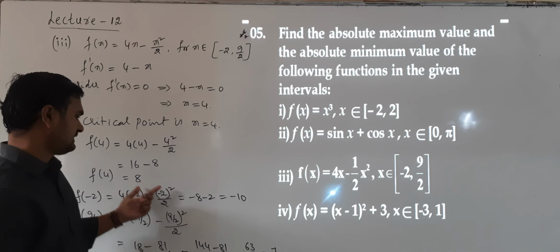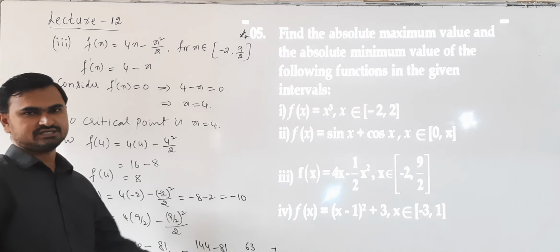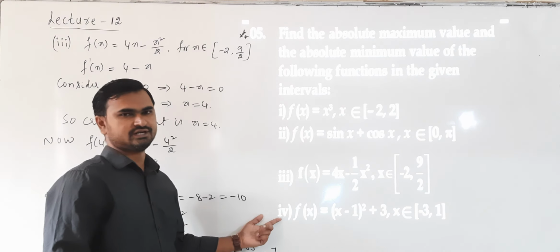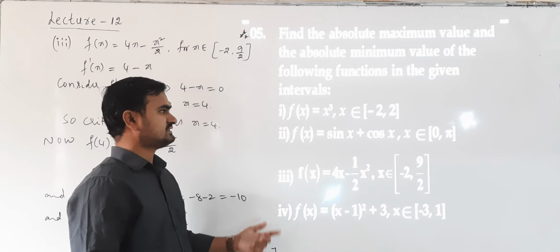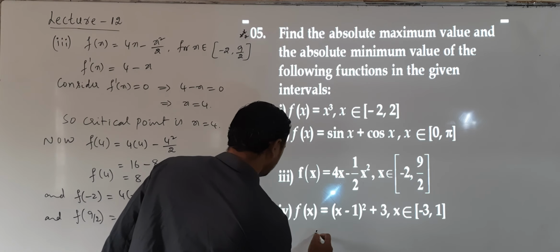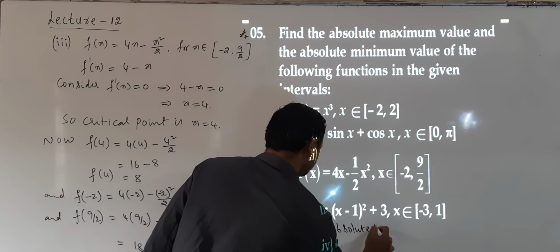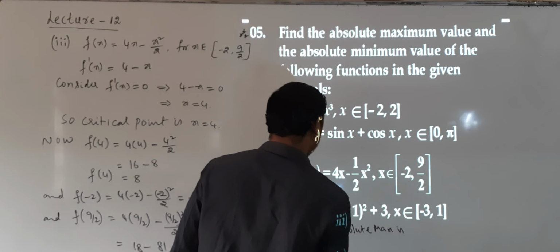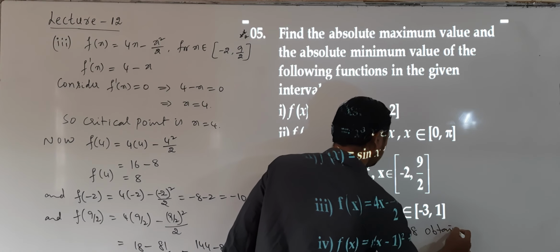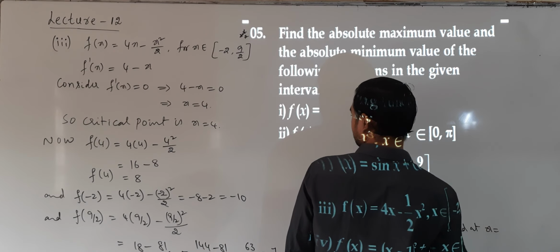So out of 8, minus 10 and 7 point something, which one is greatest? Greatest is 8 and least is minus 10. Therefore absolute maximum is 8, obtained at x equal to 4.